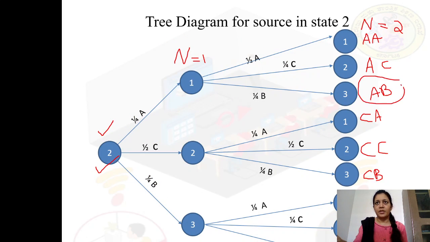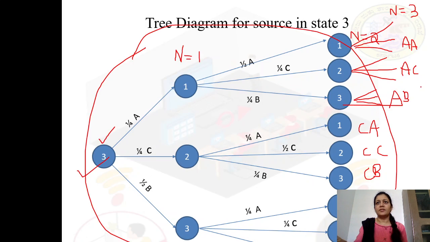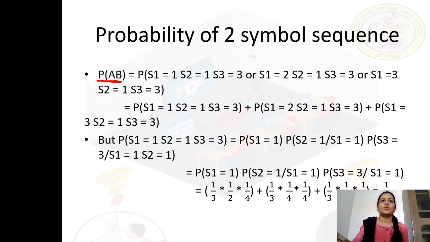Again there is an AB here, right? And again there is an AB here also. So the sequence AB is available when the initial state is 3, when the initial state is 2, and even when the initial state is 1. So that is what we are representing here.